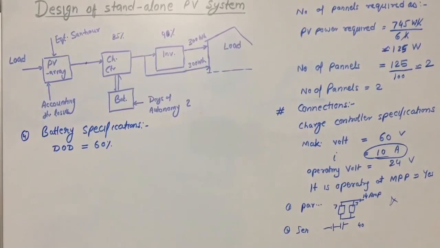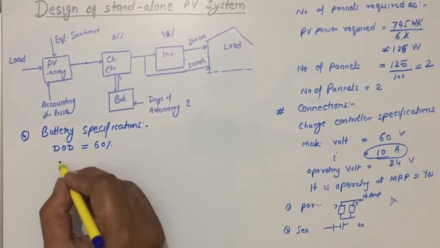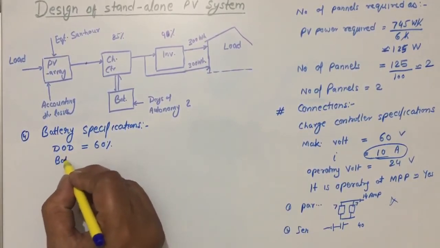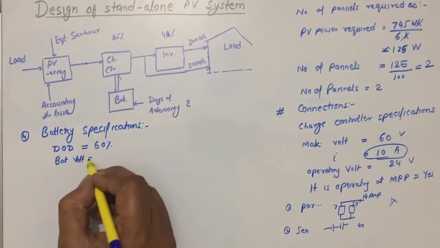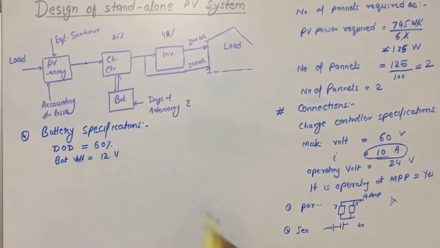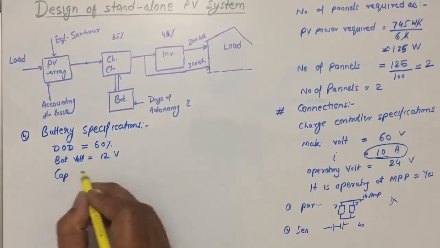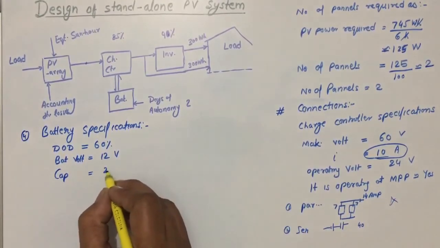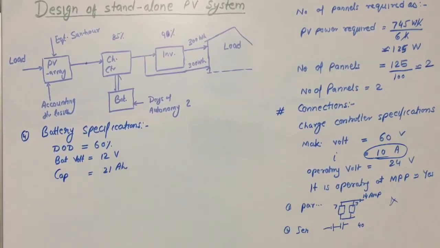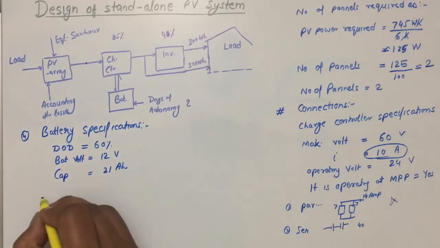Up to that we can operate, and the battery voltage is 12 volt, and the battery capacity is 21 ampere hour.